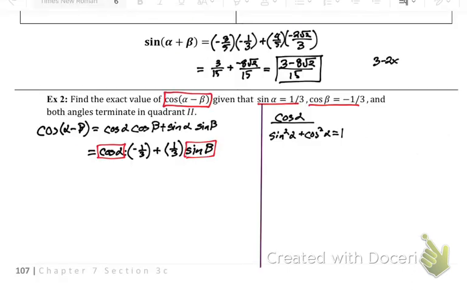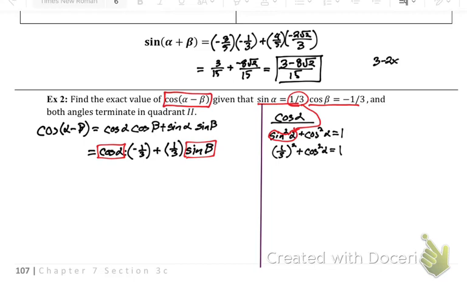I'm going to do the longer method just because we haven't seen it for a while. So I'm going to take that 1/3 and plug it in for that sine alpha right here, which means I suddenly have 1/3 squared plus cosine squared alpha equals 1. Square that 1/3.